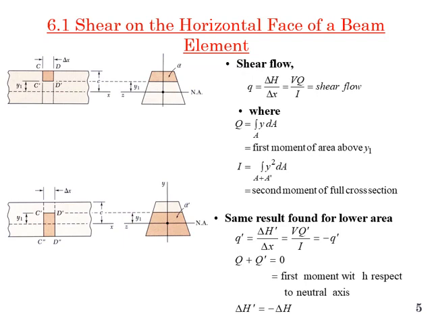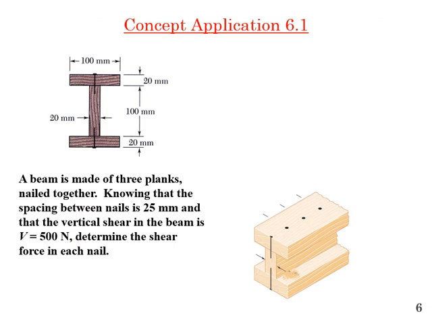Okay, why is the shear flow important? Let's see an example, a concept application. We have a plank beam made up of 3 planks as shown over here. 1, 2, 3. These are 3 planks, and they are nailed together. There is a nail over here and over here.